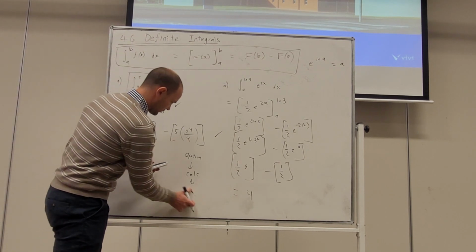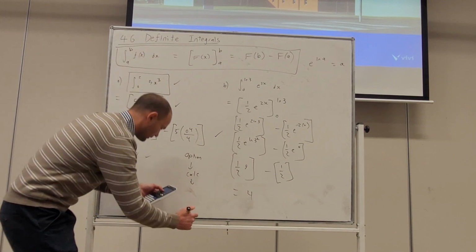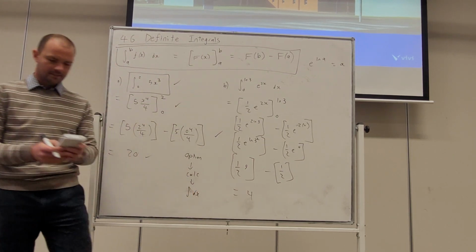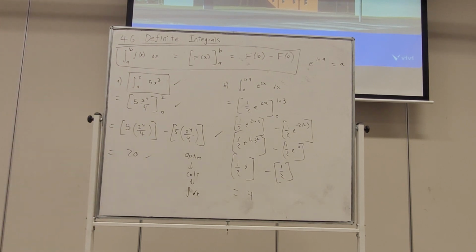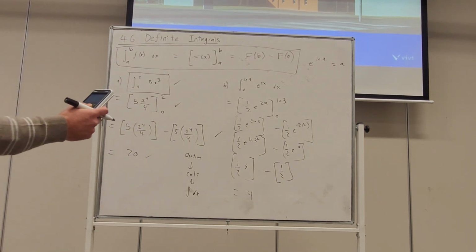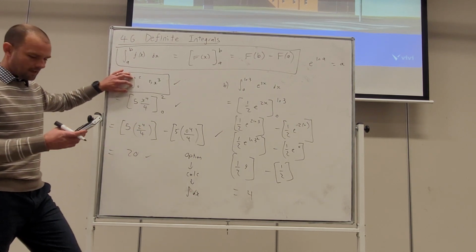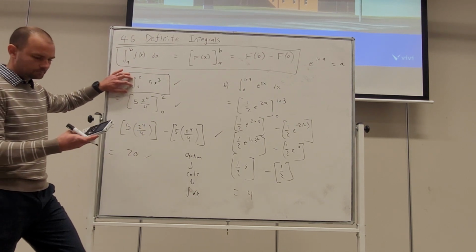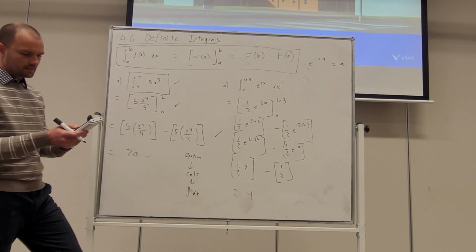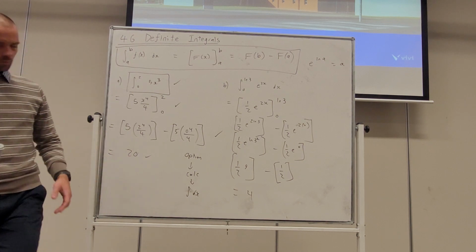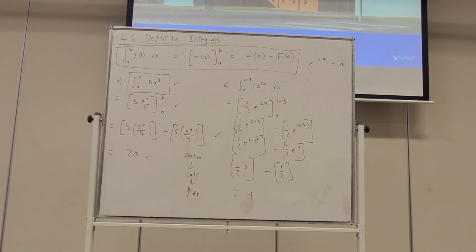Sorry, we don't press the across arrow. We have Option, Calc, and you can see at F4 we have the integral of dx. Now we're going to press that and we can just type in exactly what we have here. So if I type in 5x to the 3 is my function, my lower boundary is 0, my upper boundary is 2, and then evaluate it, I get 20. So we can see that that will be our answer.